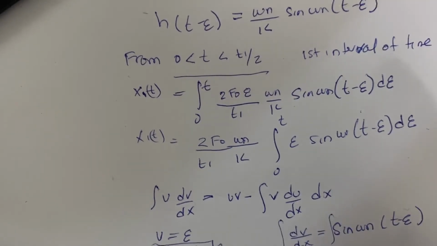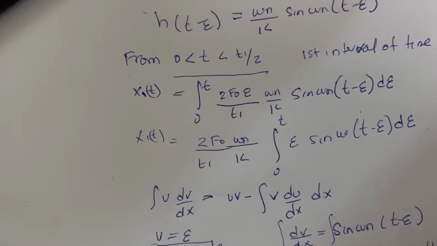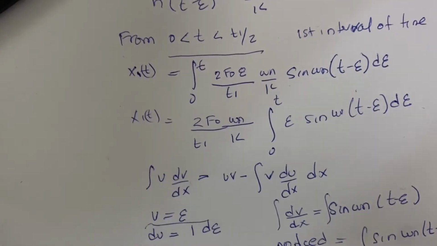Notice that the integral of sine omega n (t minus epsilon), if I use a substitution variable, is going to be equal to cosine. I'm sorry, this is going to be equal to cosine omega n (t minus epsilon) over omega n.